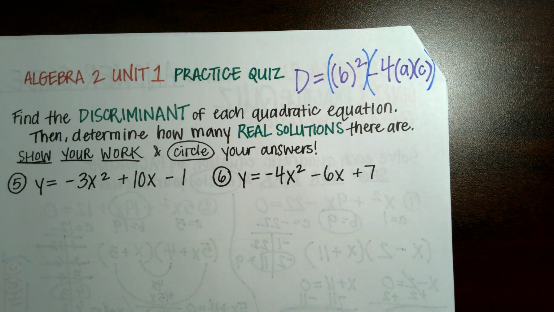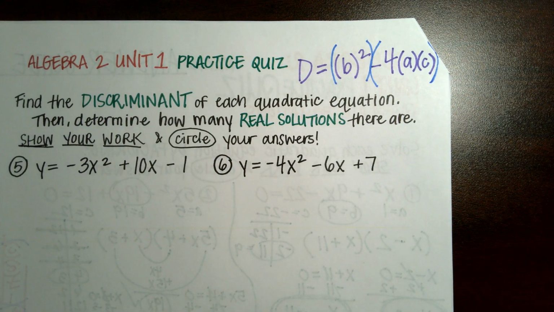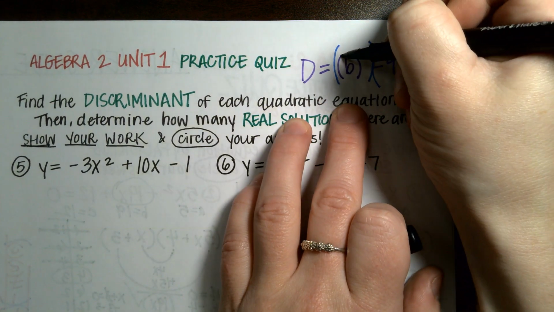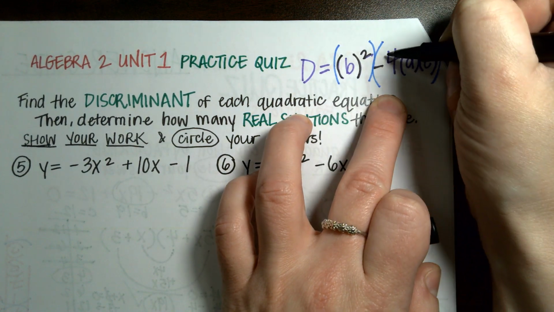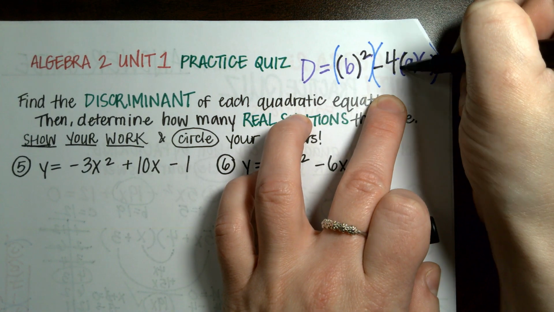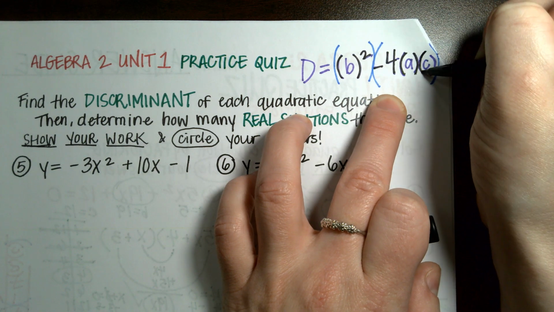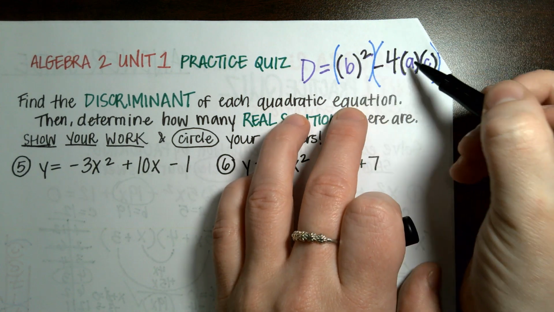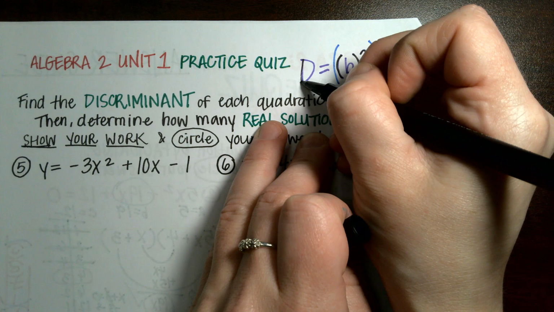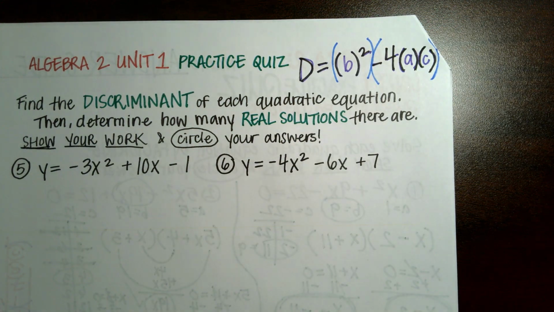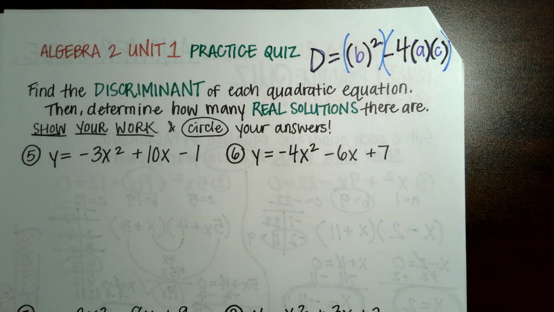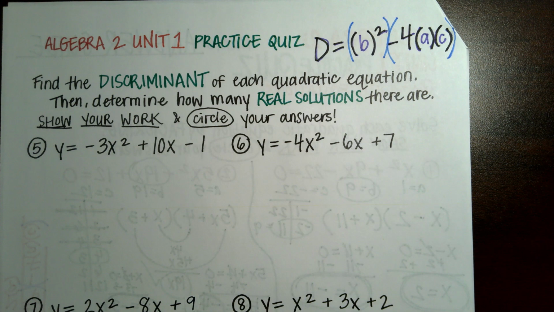And here, actually, let me put in black the things that you're not changing. All you're doing is putting A, B, and C into this formula.